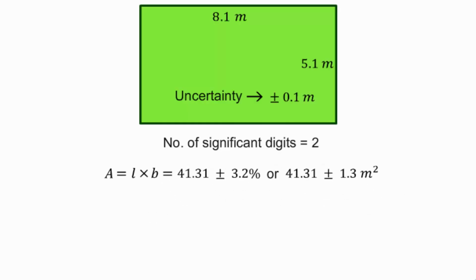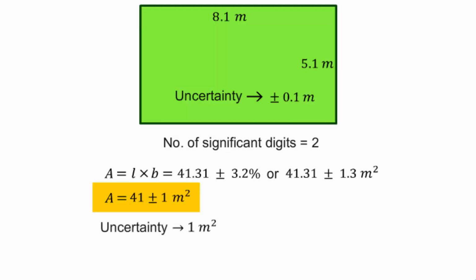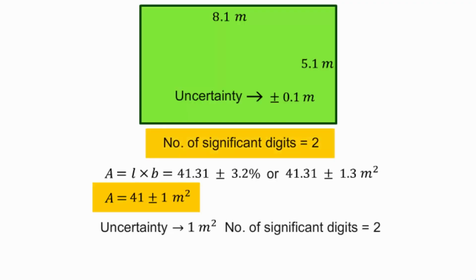We can report this as 41 plus or minus 1 square meter. Here, 1 square meter is the error in the result. Thus, the result also has two significant digits, which is same as the original data.